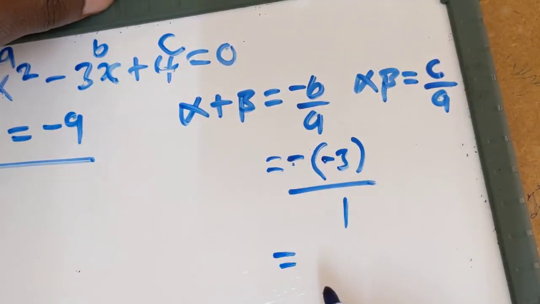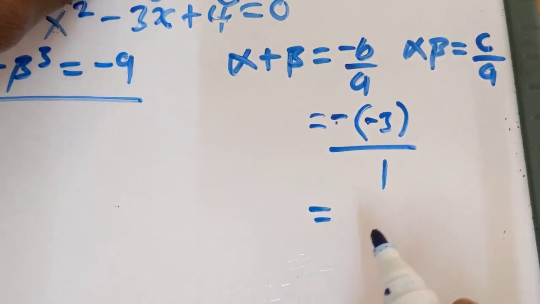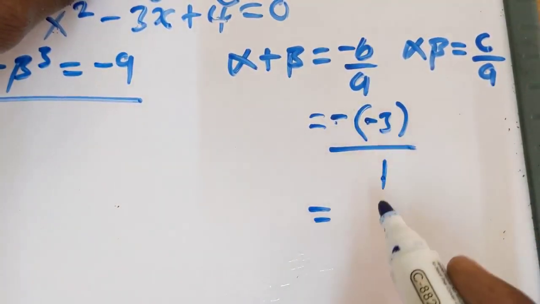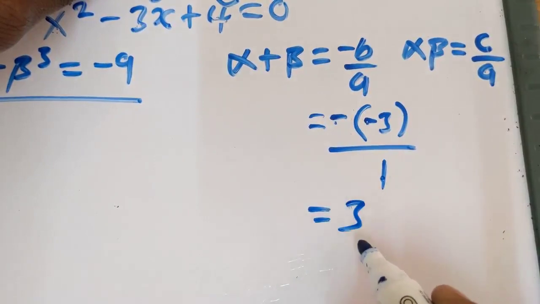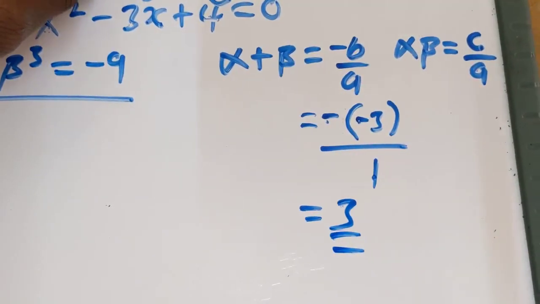Negative times negative is positive, so the sum is positive 3.